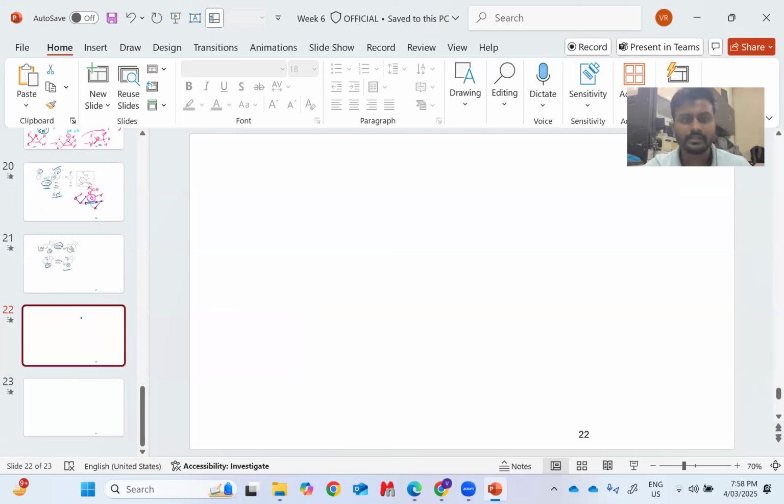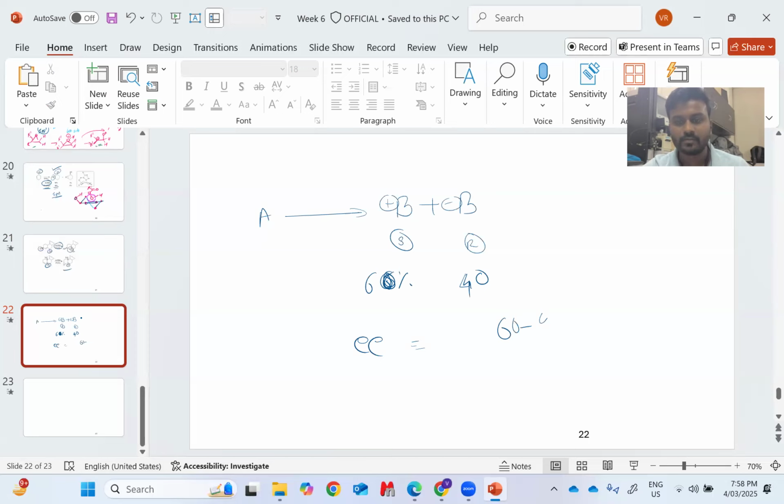Let's say we convert one reaction A into B plus and let's say B minus, right? So that is just like it has the S configuration and it has the R configuration, right? So in that case, if we got this in 60% and this we got in 40%, right, in the product, how much is the enantiomeric excess in this case? So the enantiomeric excess will be 60 minus 40.